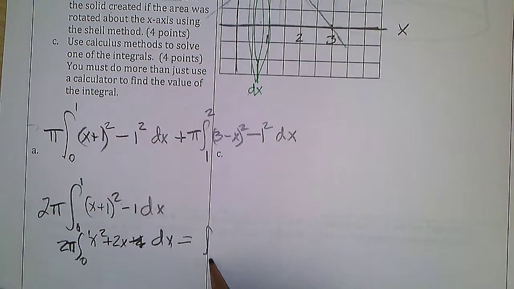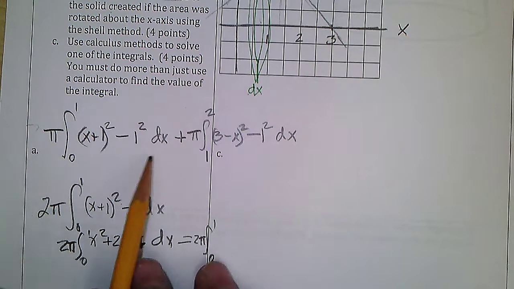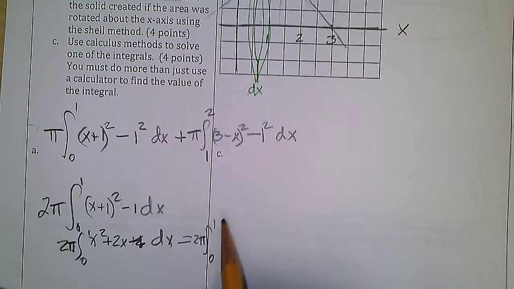So if I integrate this, I'm going to get the integral from 0 to 1 times 2 pi. Why do I get 2 pi? Oh, because we're doubling it.